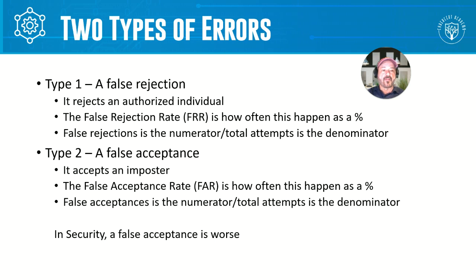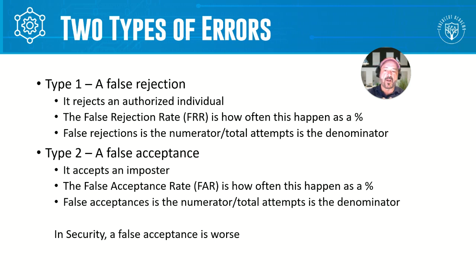When that false rejection is compared against all attempts by all people, that's known as the false rejection rate. The numerator is the number of false rejections versus the denominator, which is total attempts. It's recognized as a percentage, usually way less than 1% if it's a well implemented system.